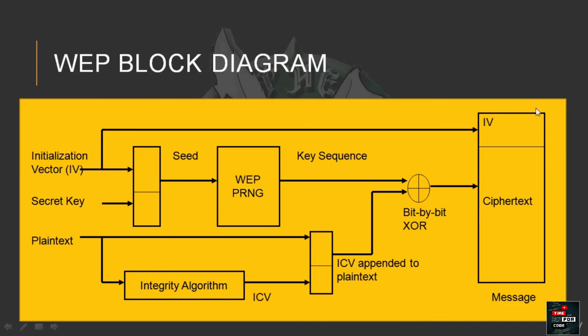The initialization vector is also sent together with the ciphertext in the message, so on the receiving side, if the receiver has the same secret key, the receiver is able to generate the key sequence given the IV, and then do another bit by bit XOR to get back the original plain text.